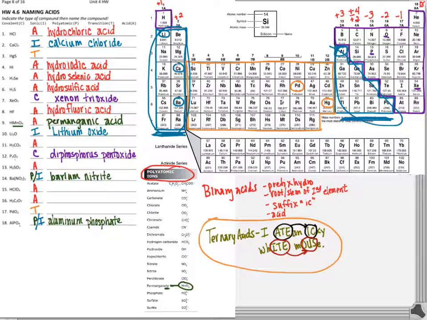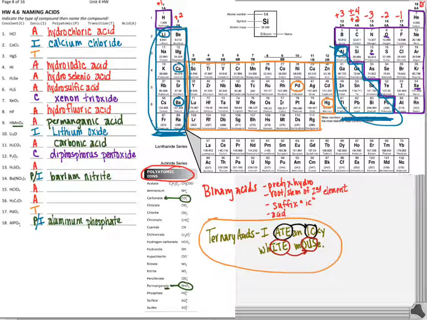Right. My next one is H2CO3. CO3, if I look down on my list, CO3 is carbonate. So again, that ate will be changing to ic. So in this case, it's no longer carbonate, it is carbonic acid. Okay.